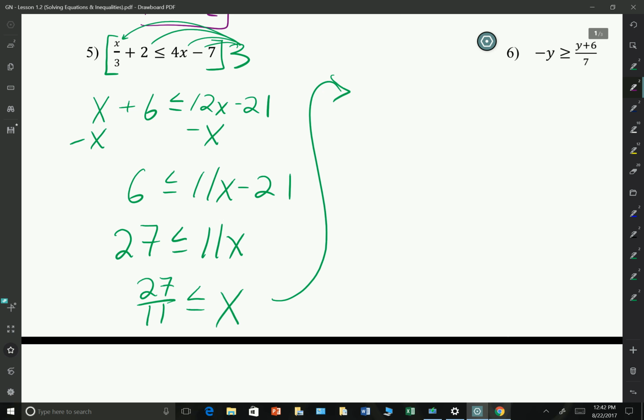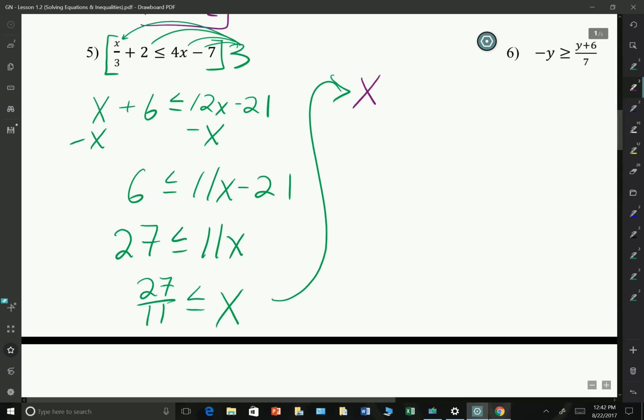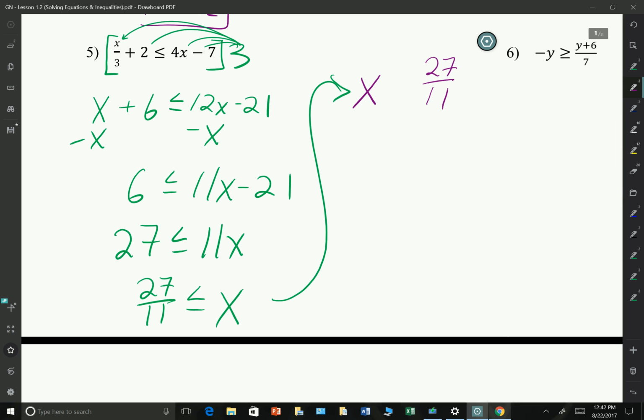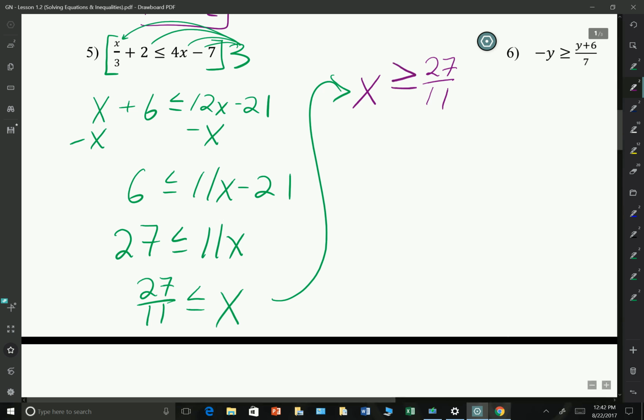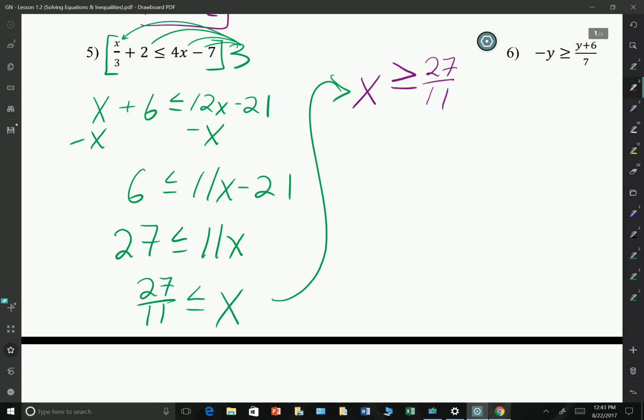Yeah. The variable always needs to be on the left side. So the variable needs to be on the left, the 27 11ths needs to be on the right. And when I flip their positions, it's going to also flip the inequality. I mean, you think it opens up towards the x, it opens up towards the x. It means the same thing.